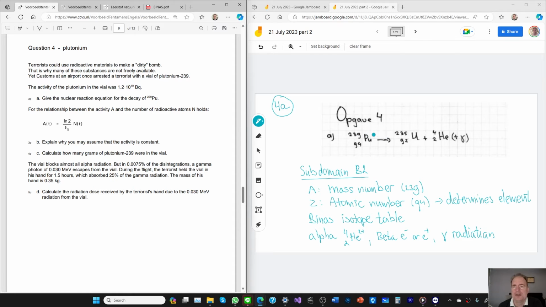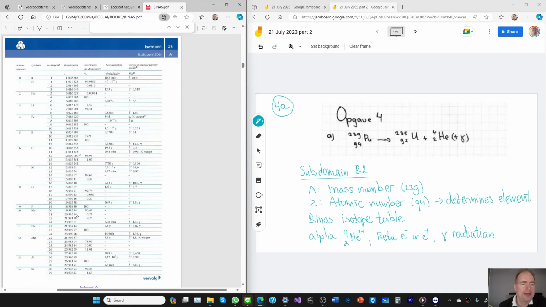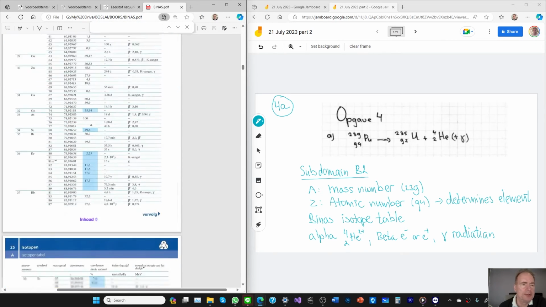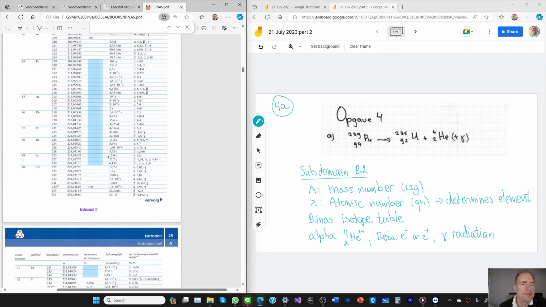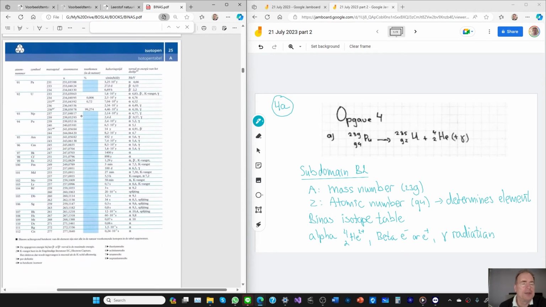So you look at the left and you see you go from 239 to 235. If you subtract these, it means you need to have something with 4. Oh, by the way, actually, let's do that. Go to BINAS, and then we find our plutonium, so 94, and we look at what is the main decay of this isotope 239, which is here.